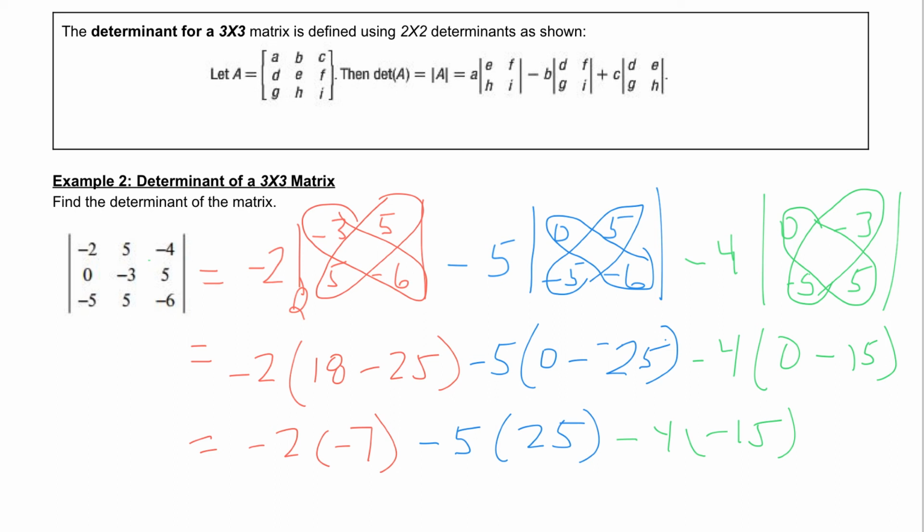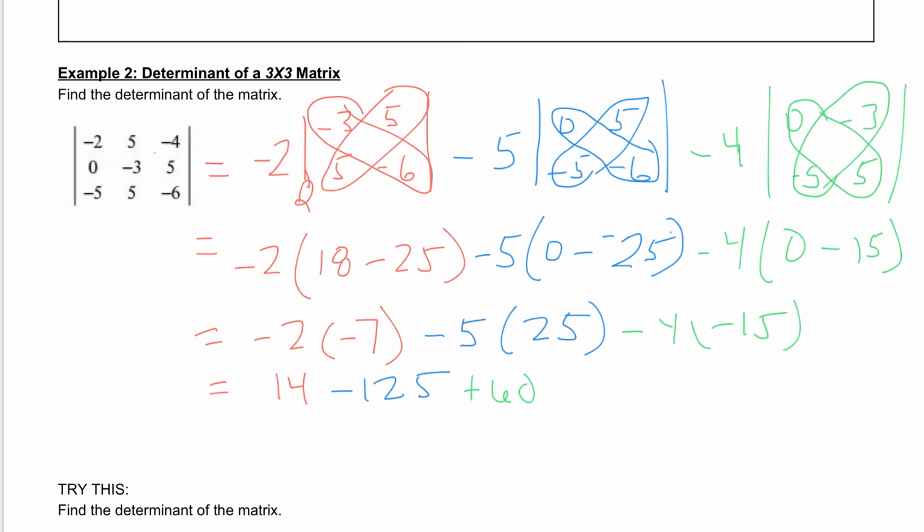So basically what I have is 14 minus 125 plus 60. And if we move this up just a little bit here, we should get an answer of -51. So this whole thing is equal to -51 if we add it all up. And so the determinant of this 3 by 3 would be -51.